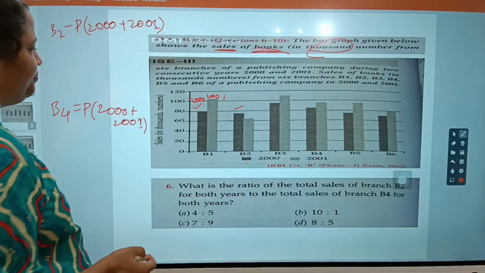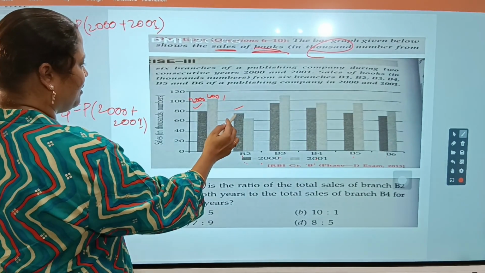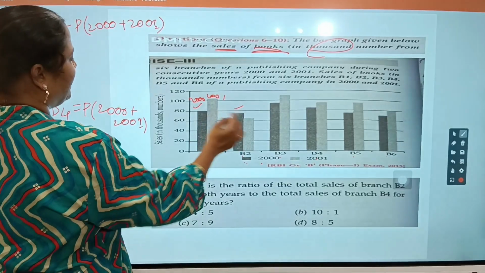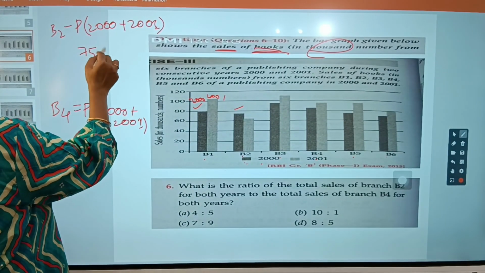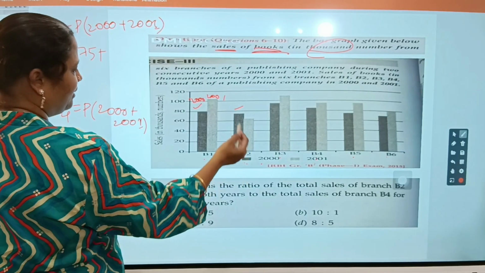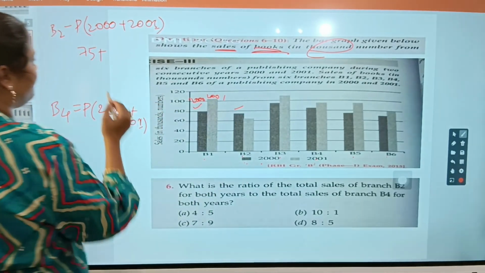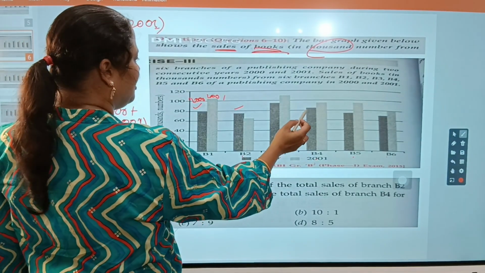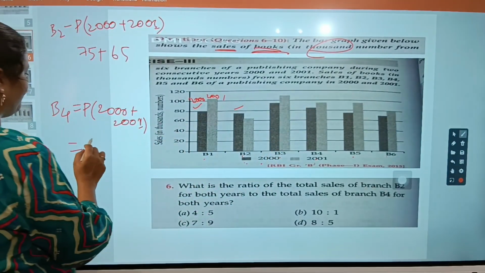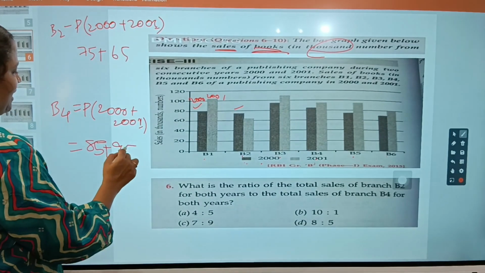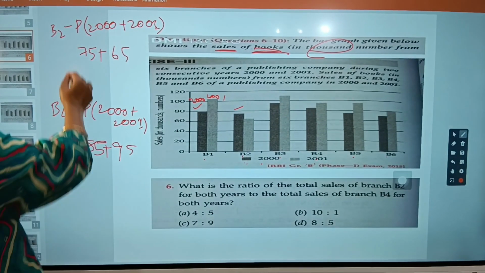So for B2, what is the production for the year 2000? It is 75, plus for 2001 it is 65. For B4, the production for the year 2000 is 85, and for 2001 it is 95. So the ratio we have to make.